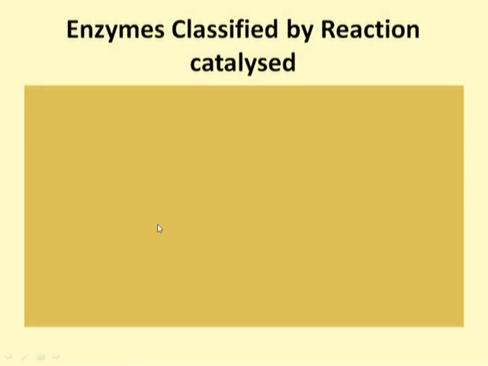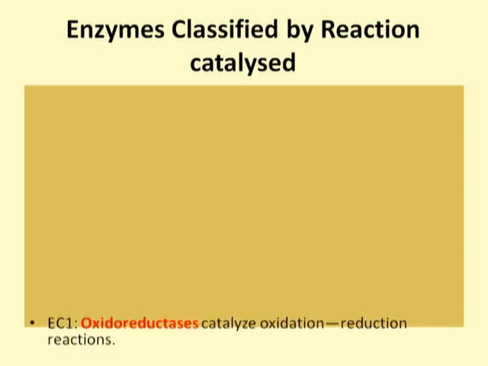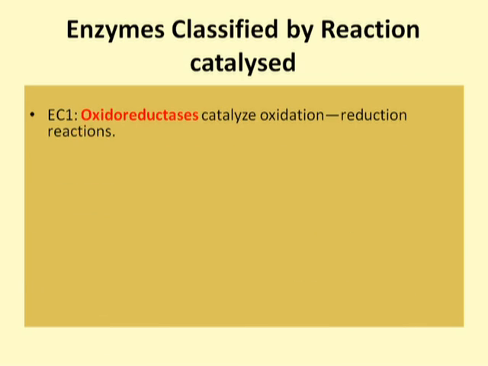Now we come to another aspect about enzymes, and that is enzyme classification. Enzymes are classified by the nature of the reaction that they catalyze. All biological reactions can actually be grouped into 6 different categories, and these categories have been given an EC number.